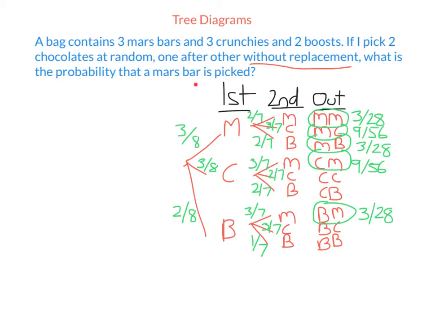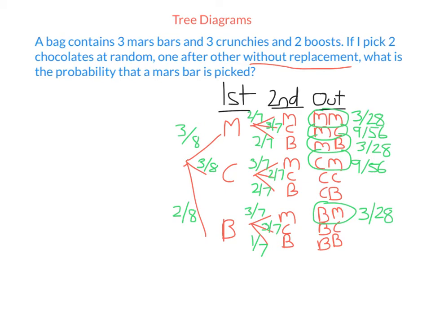So the probability I get a Mars bar is the probability this or this or this or this or this happens. Now we're looking at the OR rule, so that means add. Remember, and is times, or is add. Now, each of these events is mutually exclusive. You can't pick 2 Mars bars and also pick a Boost and a Mars bar. You can't have this and this happen at the same time.